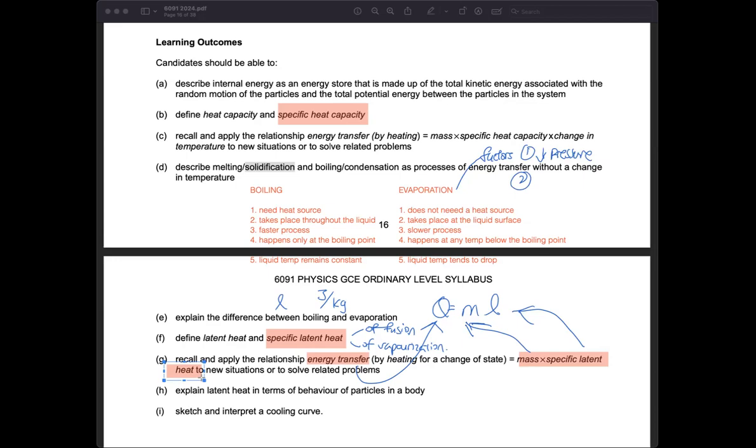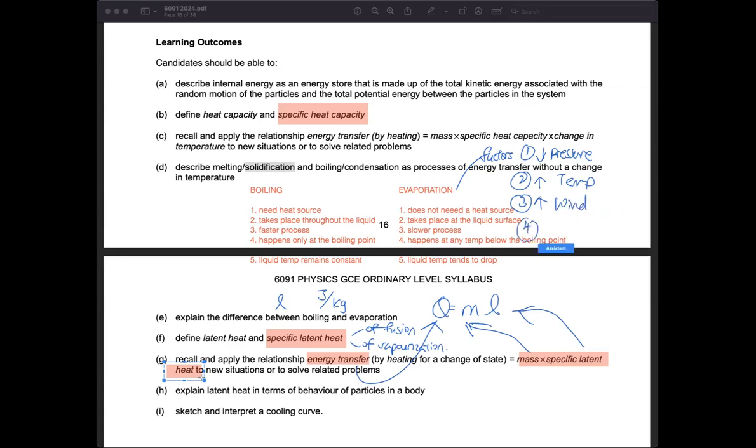Okay, number two, higher temperature, higher evaporation. Number three, higher wind speed, higher evaporation.